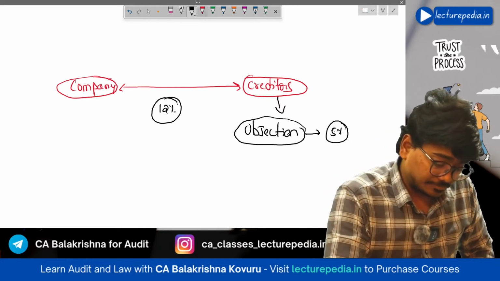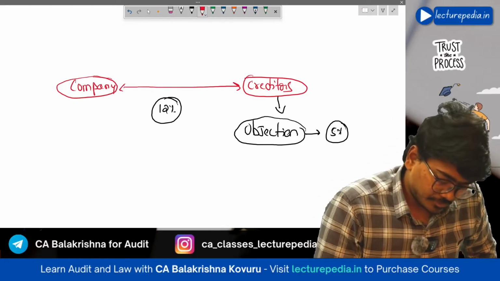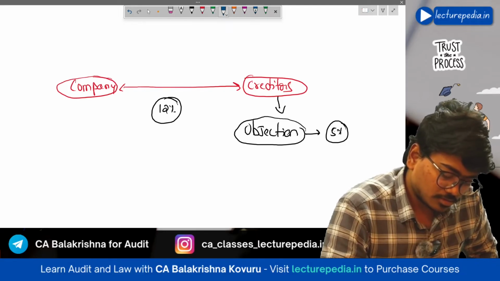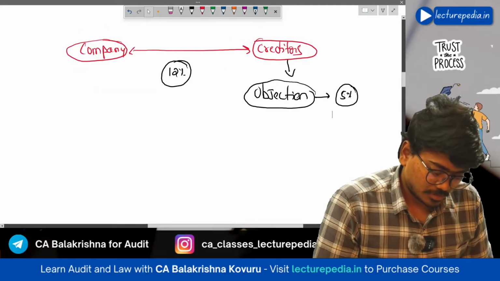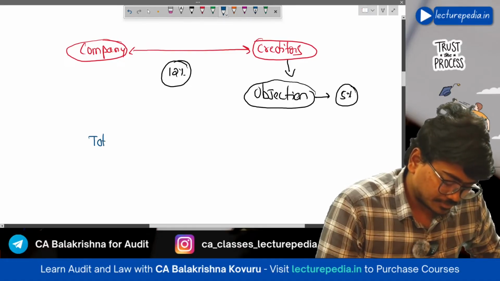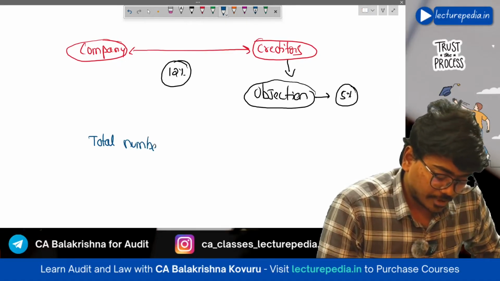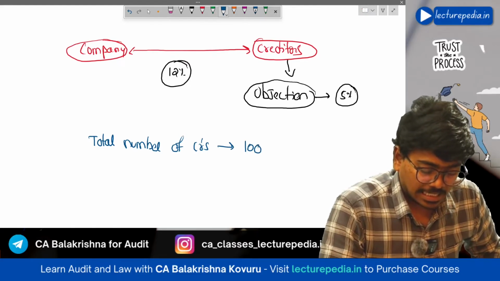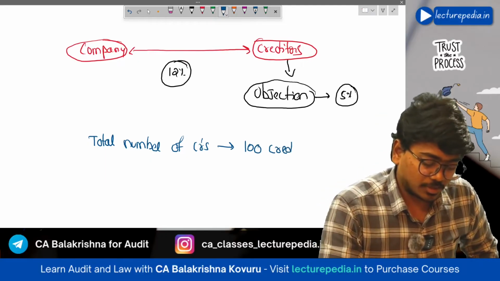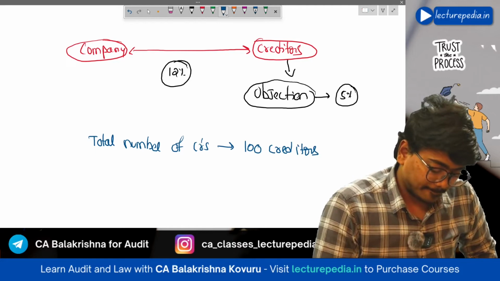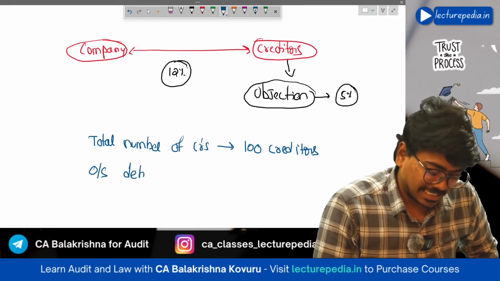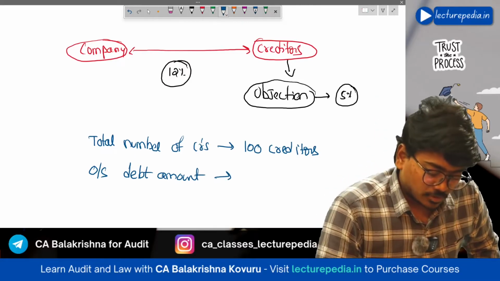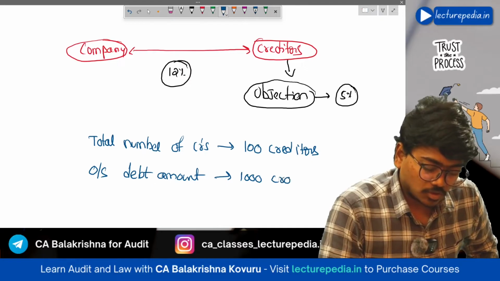Next, approval of the scheme. Let's say there are 100 creditors in total, and the outstanding debt amount is 1000 crores.